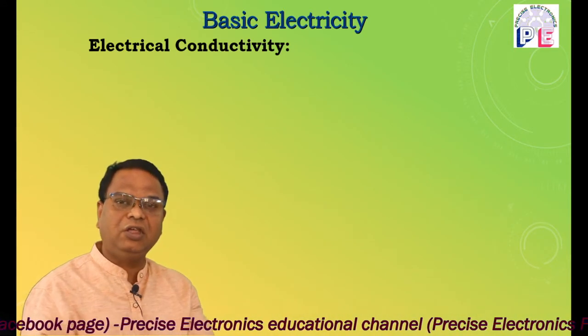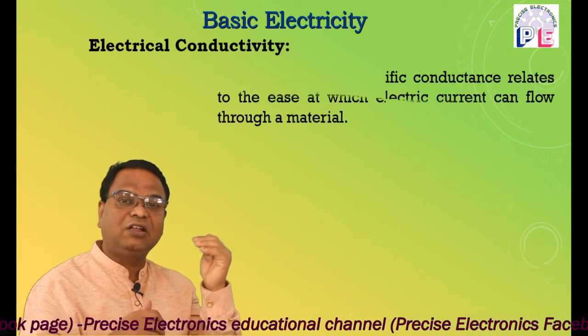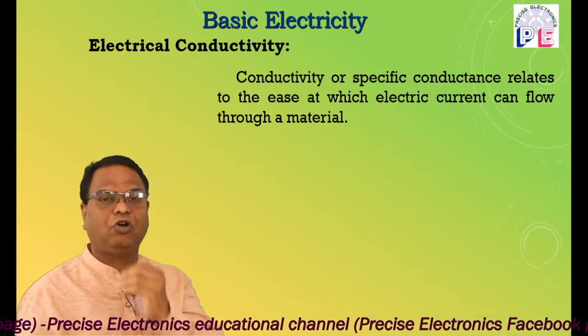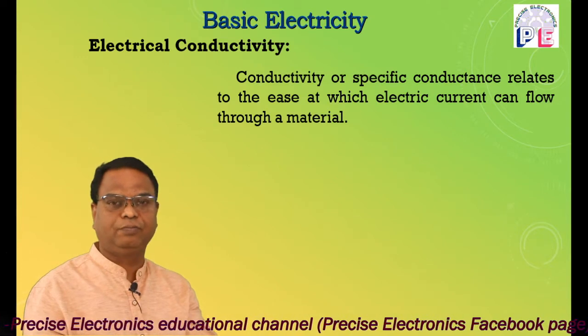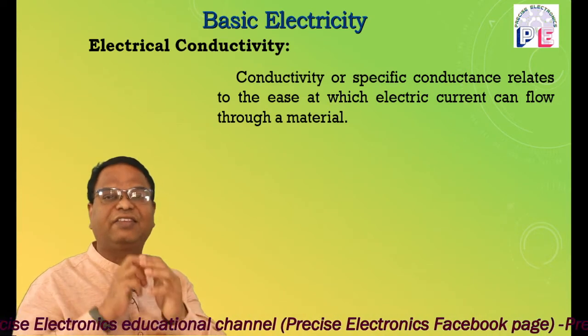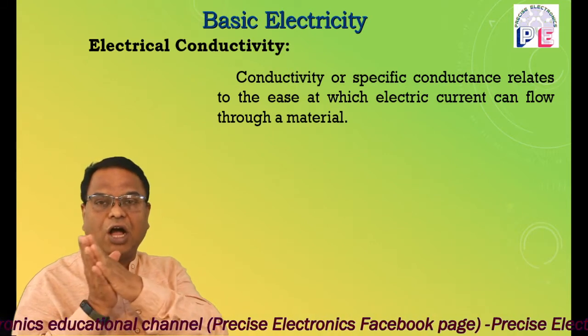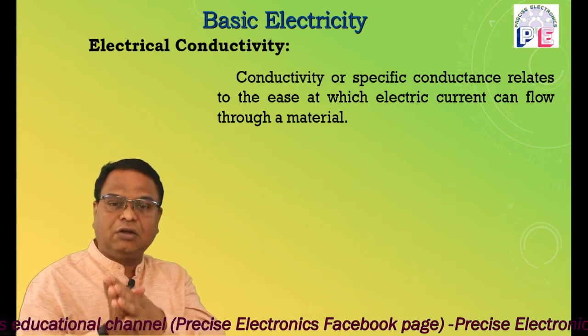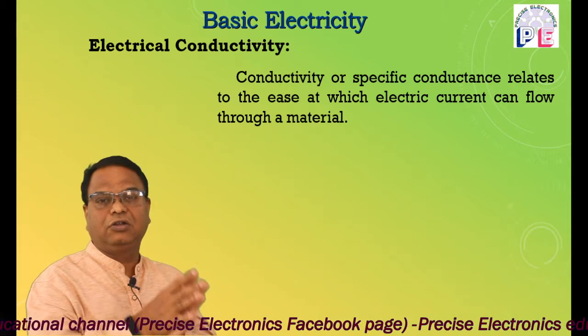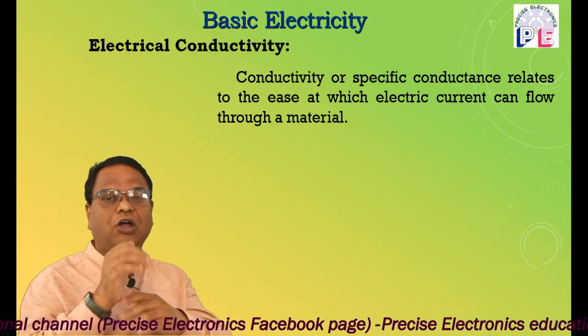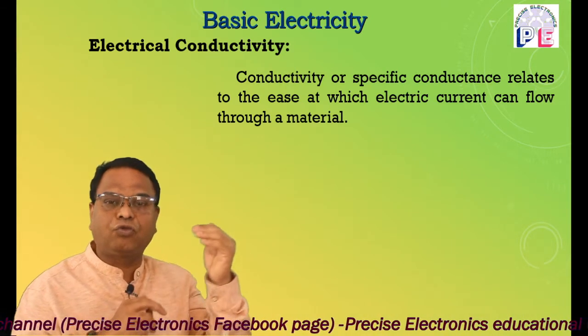So conductivity gives how easily that conductor allows the current to pass through it. Conductivity is exactly the opposite of resistivity. It tells how easily the electric current flows through that material.